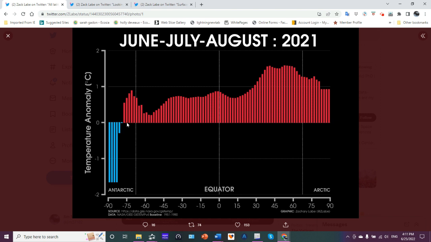But then when you start getting to around 75 degrees south latitude, all the way up to the North Pole, we see how considerably warmer the entire planet is compared to this 30-year average of 51 through 80. This low spot here is about in the location of the Antarctic circumpolar current, which is the current that rings around the continent.